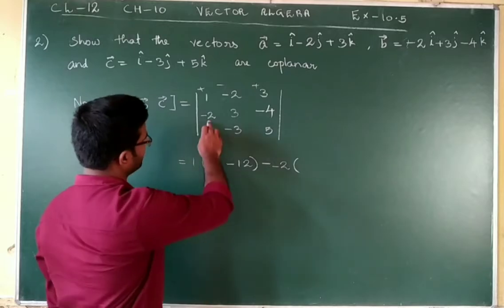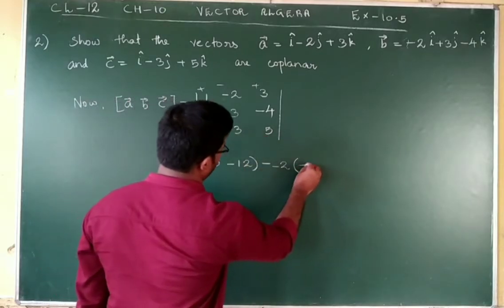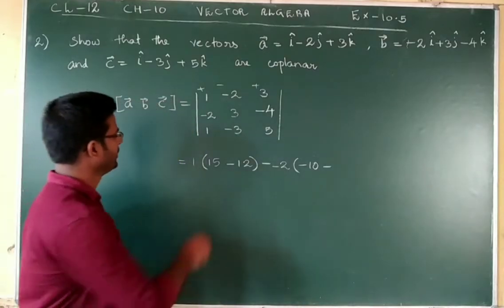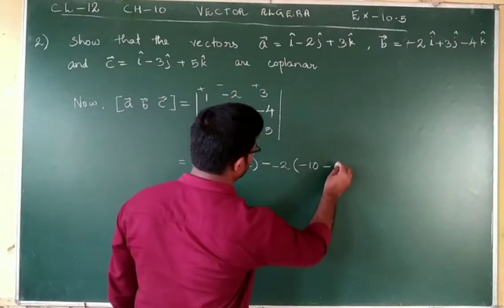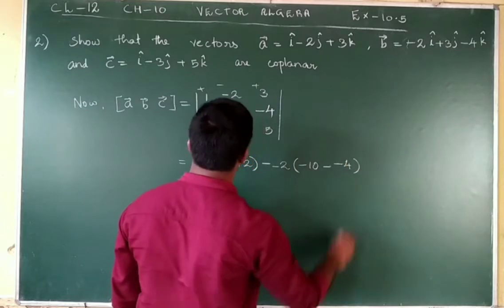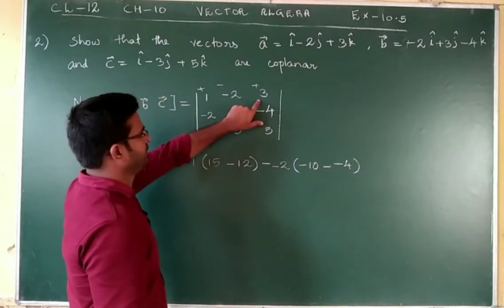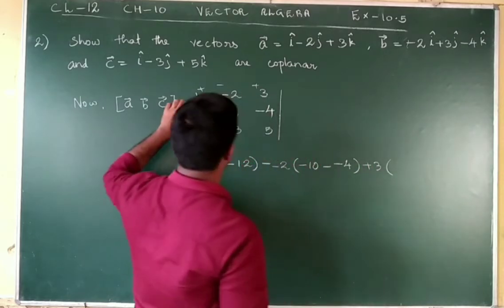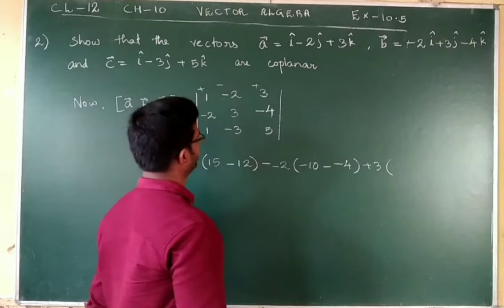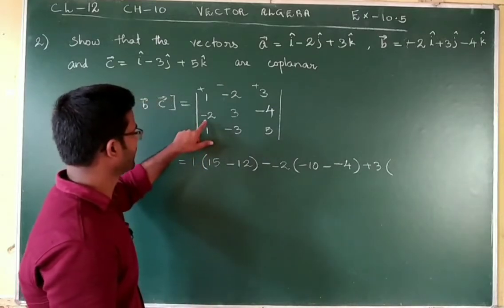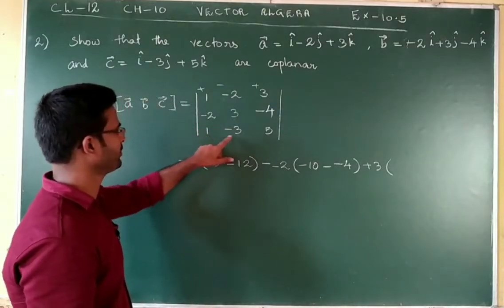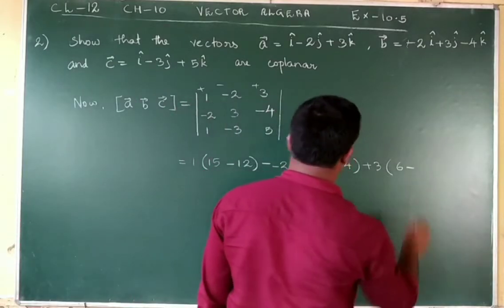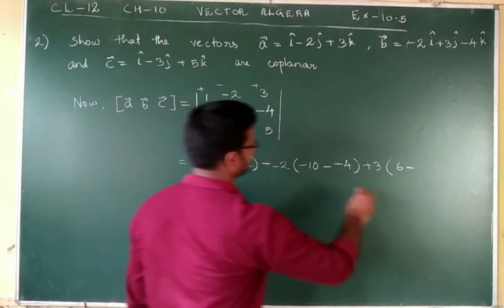Cross multiply: minus 2 into 5 is minus 10, then minus, 1 into minus 4 is minus 4. Then the last term, plus 3 into, leaving the first row and third column. The remaining are minus 2, 3, 1, minus 3. Cross multiply: 6, then minus 1 into 3, 3.